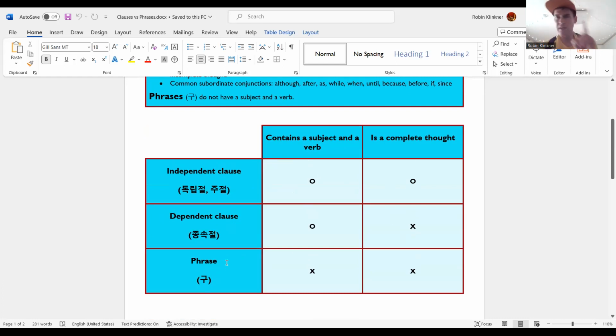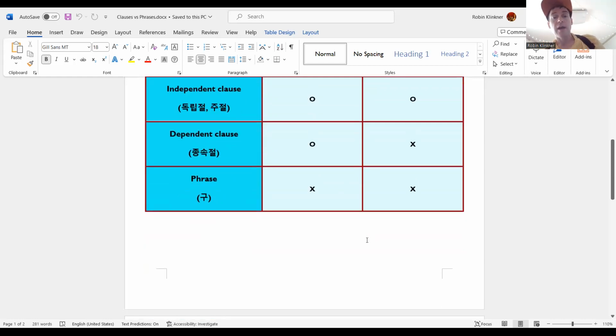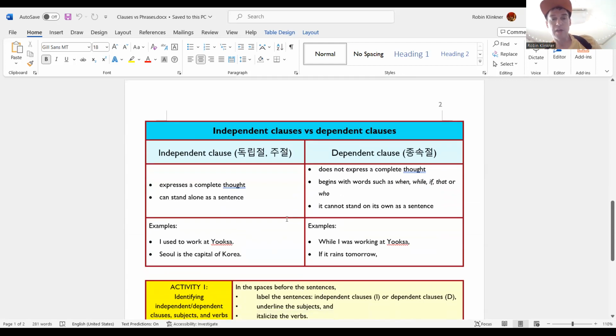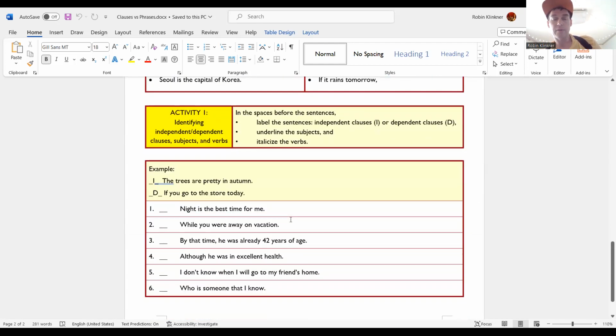A phrase does not have a subject and a verb, nor is it a complete thought. Okay. Activity 1, and here's a nice chart. Here's activity 1.